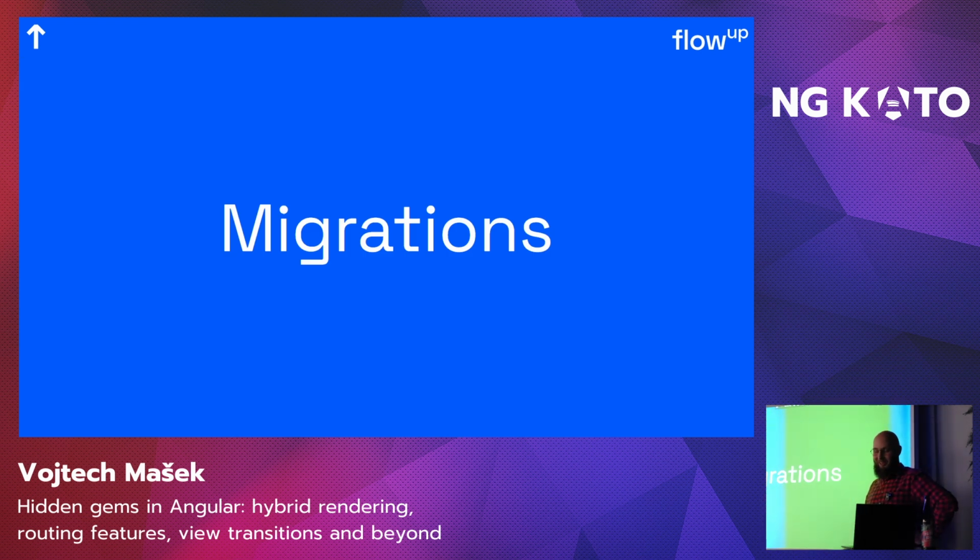And the very, very last thing I want to mention is that there is a bunch of migrations. Let me test you. What migrations do you know exist? Input, control flow. Like signal input, output? Yeah, good.